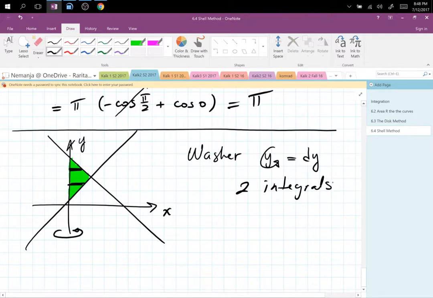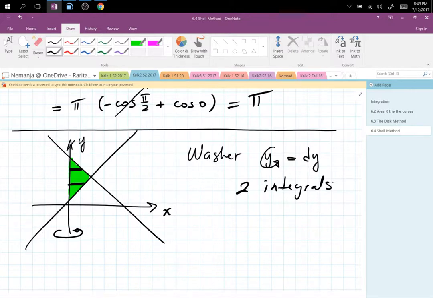Would you agree on that? Because if the integral starts here, this side is swiping this function, which is 0, and this side is swiping that, and then here it switches the function. So for dy, I would have to set the integral for this plus the integral for that.